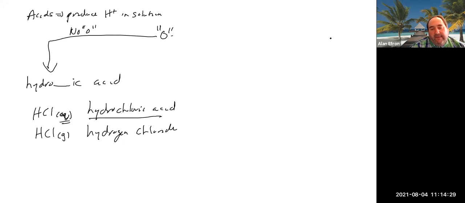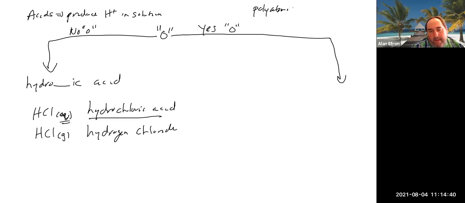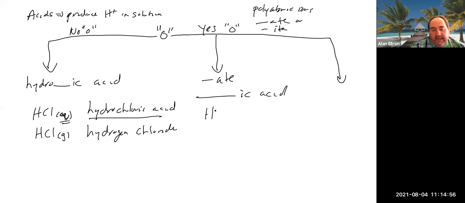If it does have oxygen, it will have one of those polyatomic ions, which obviously ends in ate or ite in most cases. And if your polyatomic ion ends in ate, your acid will be something ic acid, like HNO3.